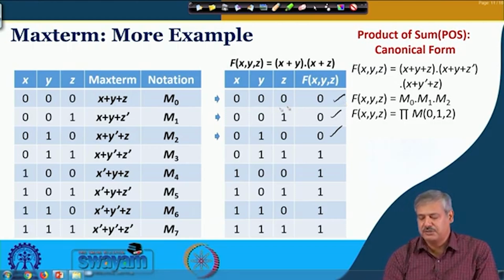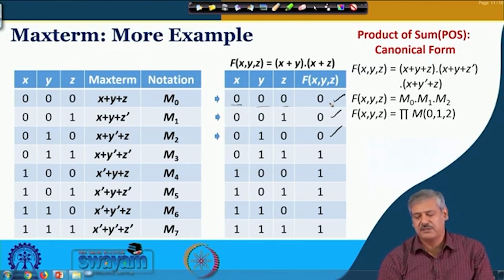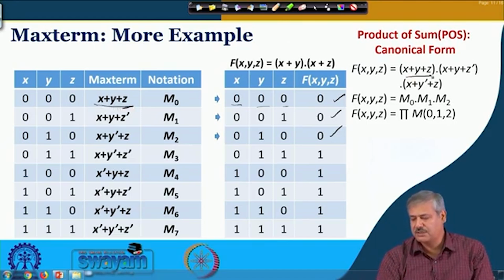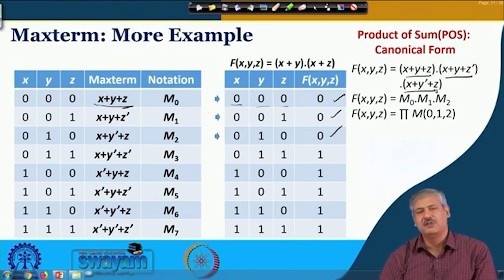So, 0, 0, 0 are the values of x, y, z for the first max term, M0. This is nothing but x plus y plus z. So, that goes here. Next one is x plus y plus z prime, and the third one is x plus y prime plus z. Is it okay?